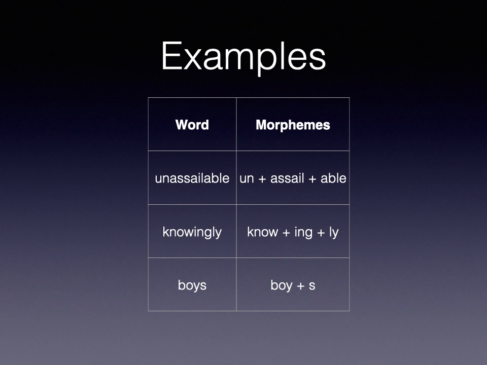S by itself doesn't have any specific meaning, but in this context, when you add s to the end of a noun, you are making it plural. So, s here performs the grammatical function of adding the meaning plural. These are three examples of words that can be split into their constituent morphemes.